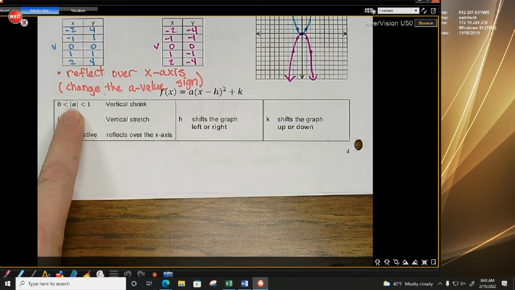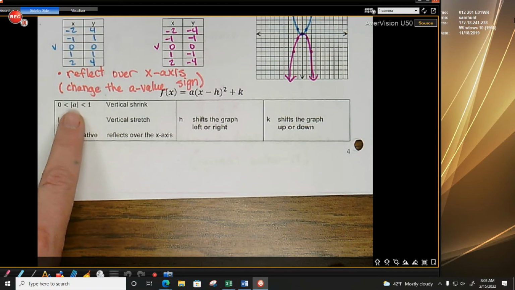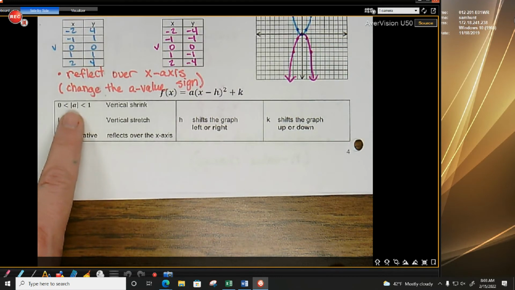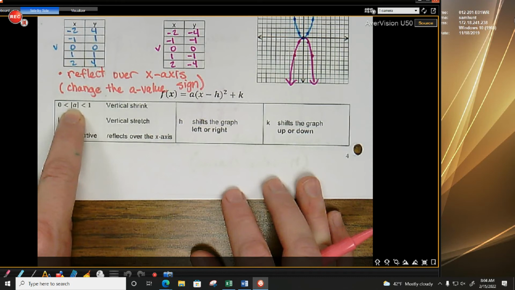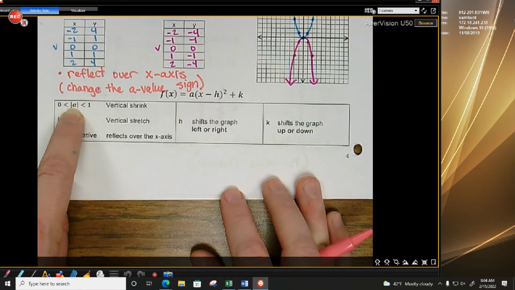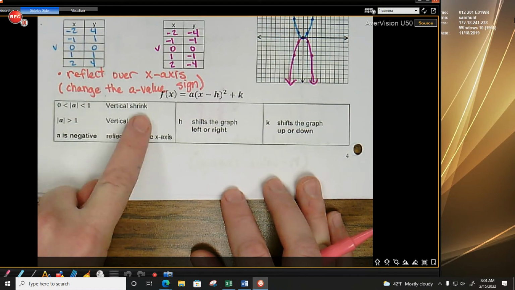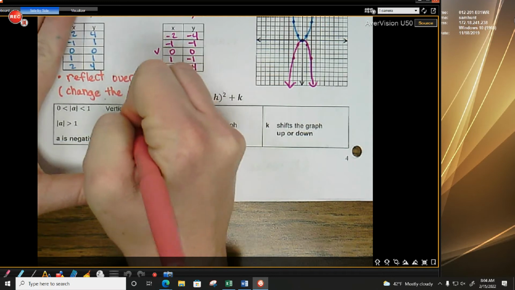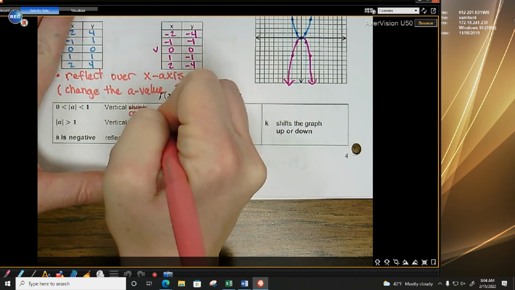Distance is always positive, so the absolute value of a number is always positive. So, your value of a, not the sign, just the value. If the value of a is between 0 and 1, it's a vertical, and we're going to actually use the word compression. That's the more mathy word. Vertical compression.